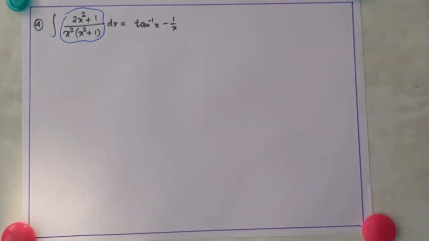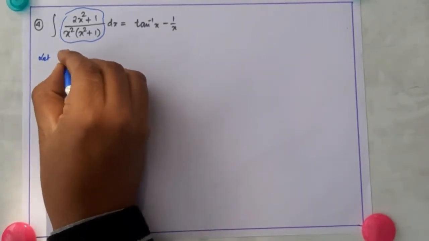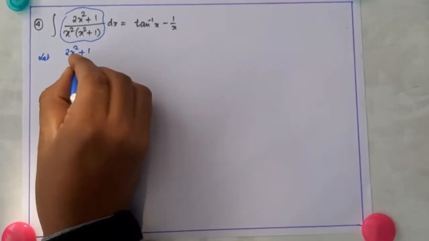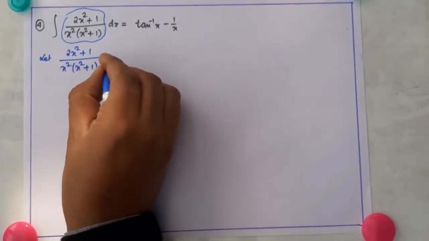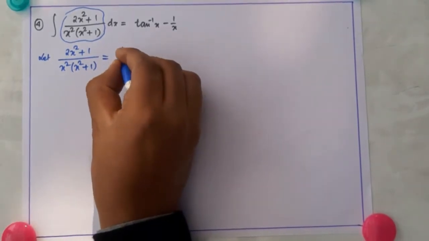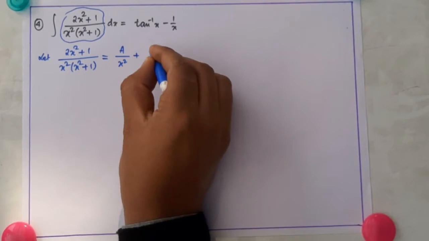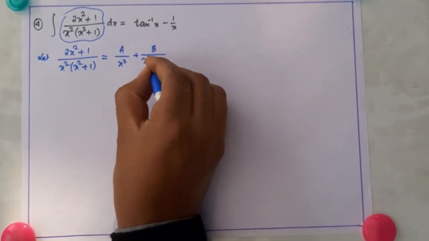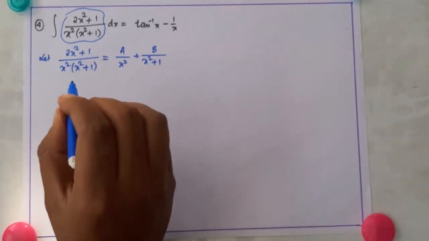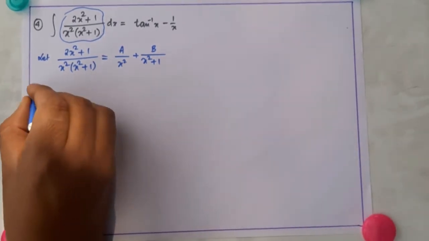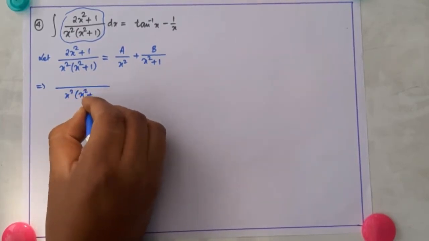So we take (2x square plus 1) by x square into (x square plus 1) as, see here carefully, a by one of the factors x square, plus b by another factor x square plus 1. See, you have to practice a few more problems, you will get familiarized with the concept. So we have x square into x square plus 1.